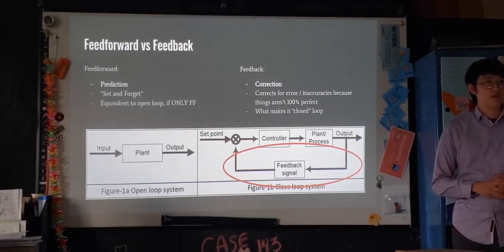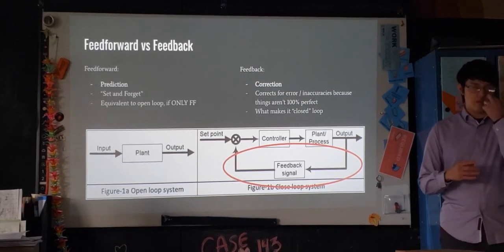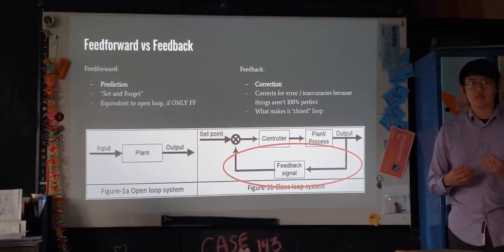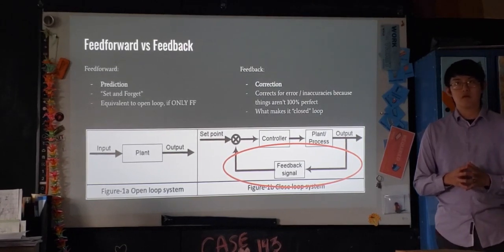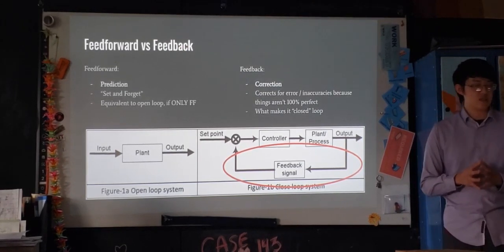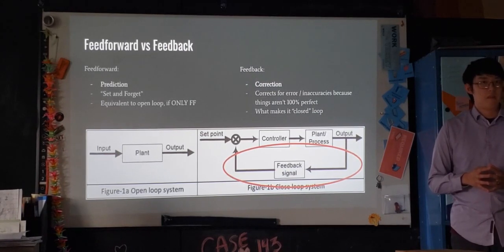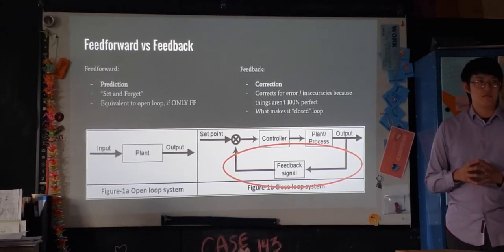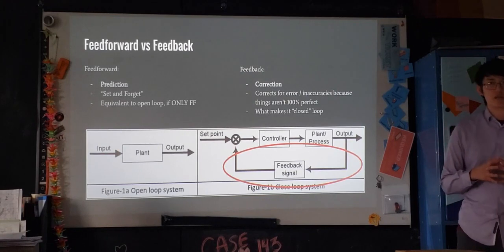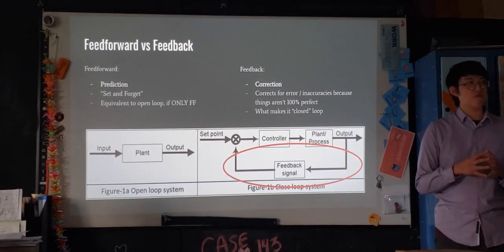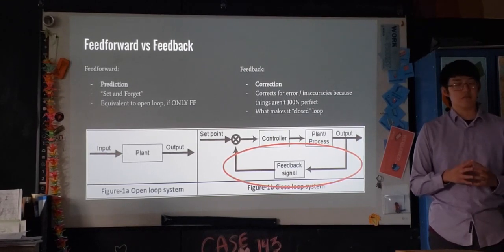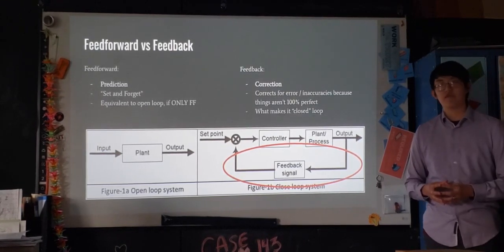Feed forward measures some constants and some constraints of your system, and basically with these feed forward constants, it will tell you some information on how the system acts in real life.